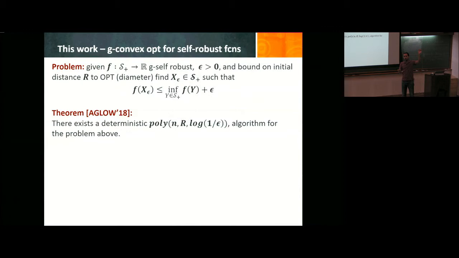R is the distance that you are from the minimum element of the orbit. So if I'm r far, then this r enters here, and log 1 over epsilon for optimizing these G self-robust functions. If I'm really far from my element of minimum norm, this algorithm is really bad. But if I'm really close, then we get the log 1 over epsilon that we wanted.